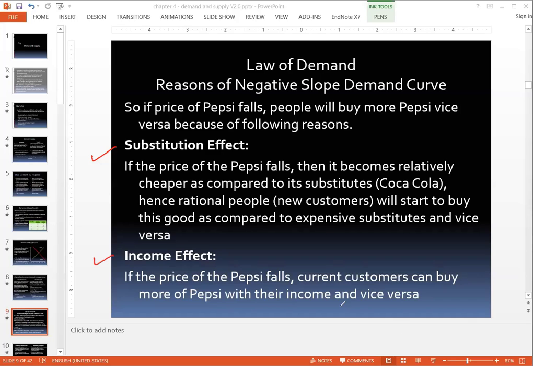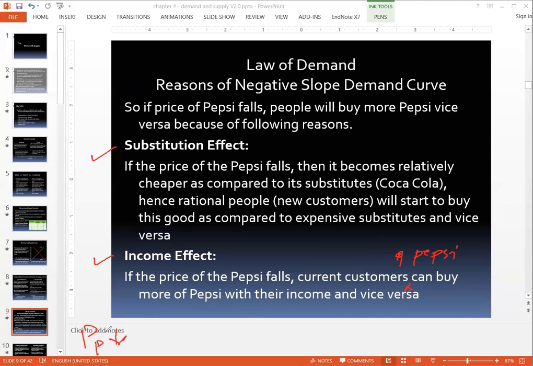Second is the income effect. If the price of Pepsi falls, the current customers of Pepsi can buy more Pepsi because they have higher real income, and vice versa. So whenever there is a decrease in the price of Pepsi, two things are happening.